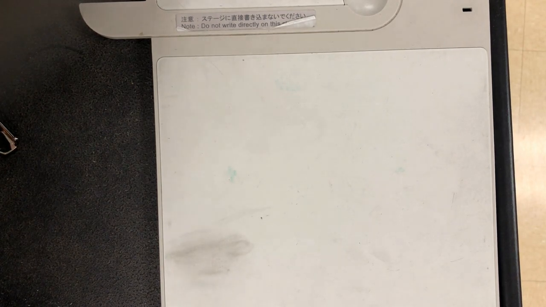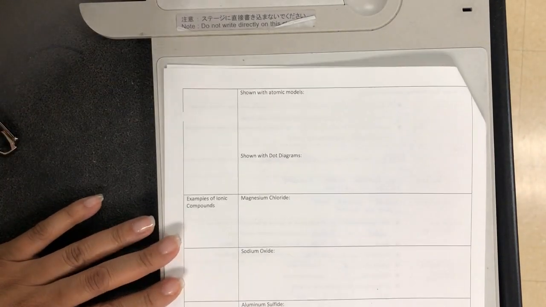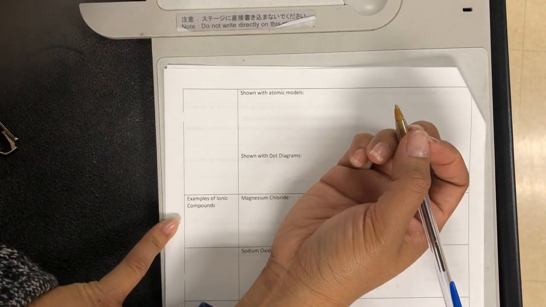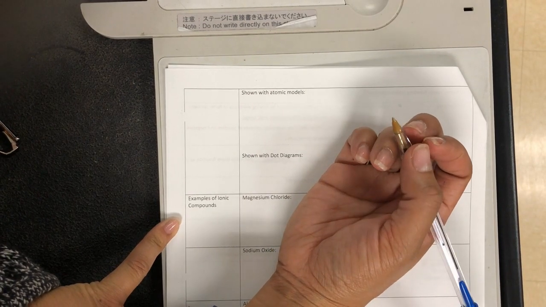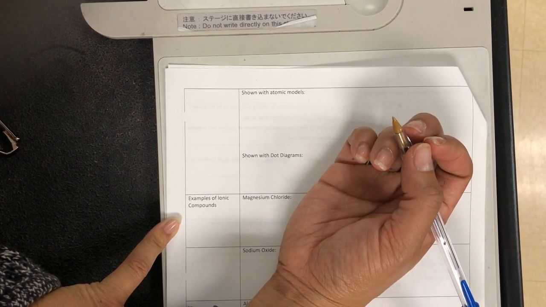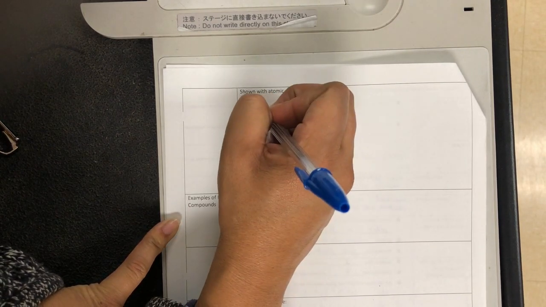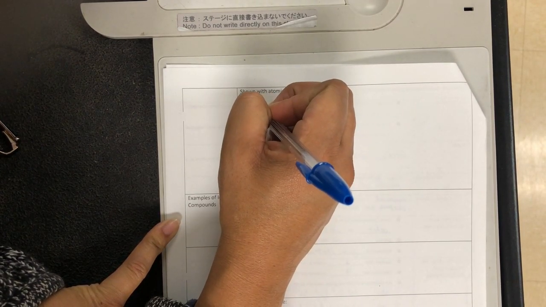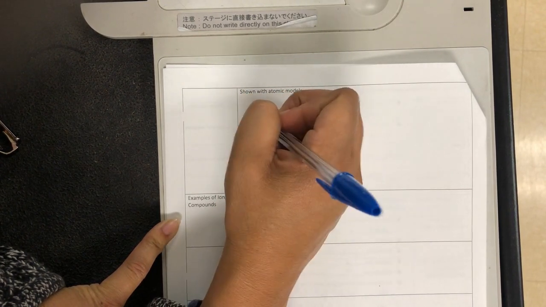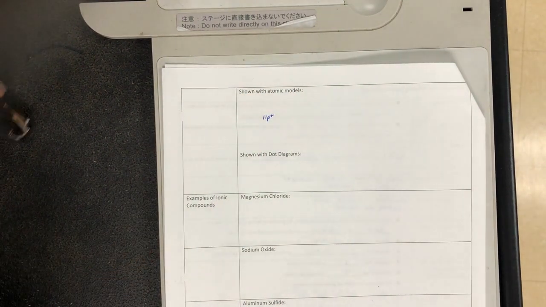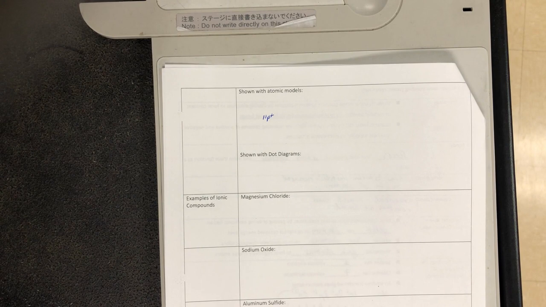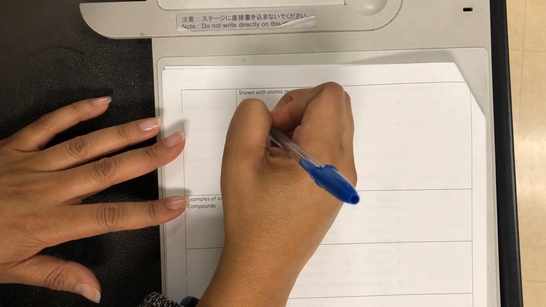If you were doing atomic models, the way you would see this is, let's say for sodium, sodium has how many protons? It has 11 protons, so I'm going to put 11. As far as the number of neutrons, since the atomic mass is 23, it would be 12 neutrons.